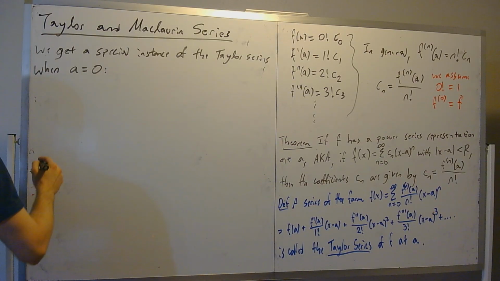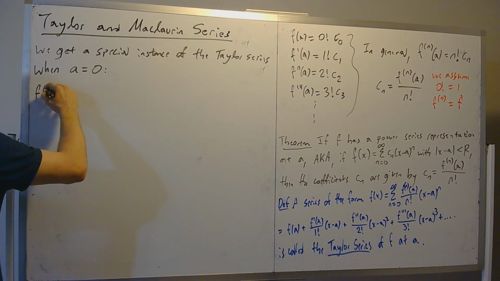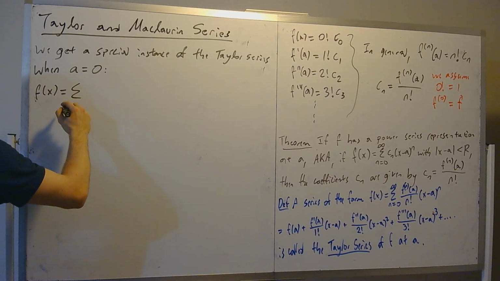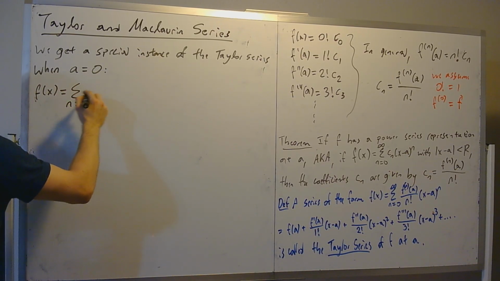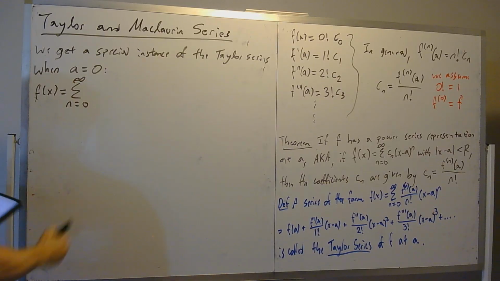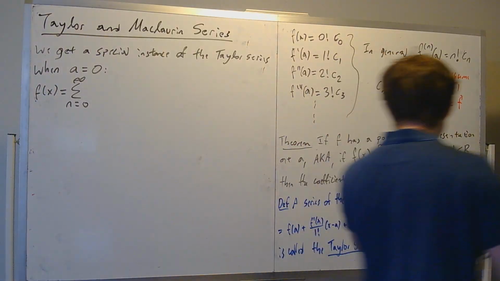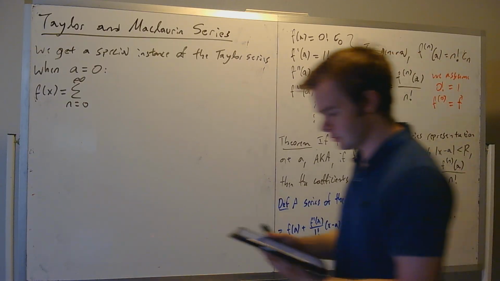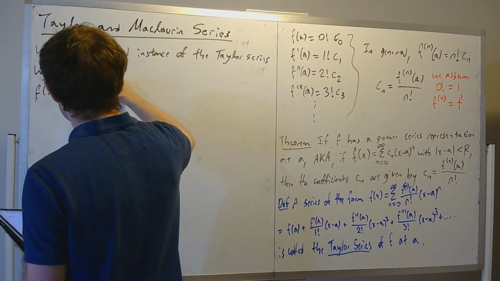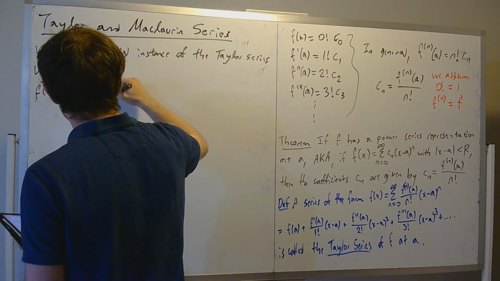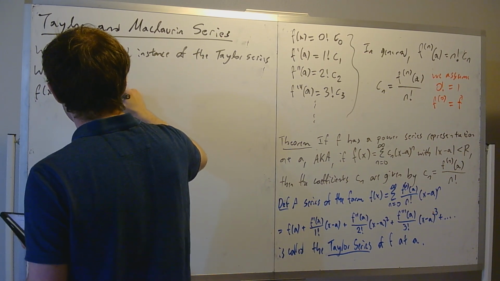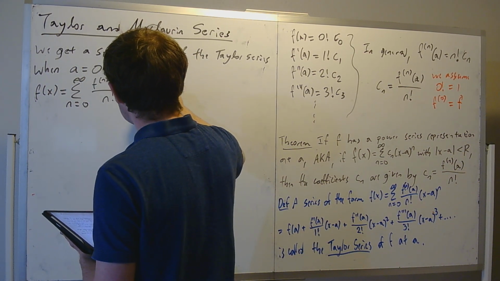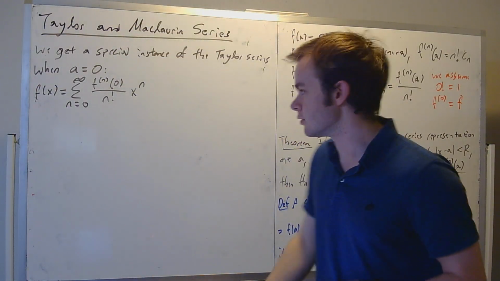If that's the case, let's say a is equal to 0, then f of x equals the sum from n equals 0 to infinity. Remember, this was our formula here, and we're just going to let a equal 0. Then we're going to have the nth derivative of 0 over n factorial times x to the power of n, because a goes away, because a is 0.